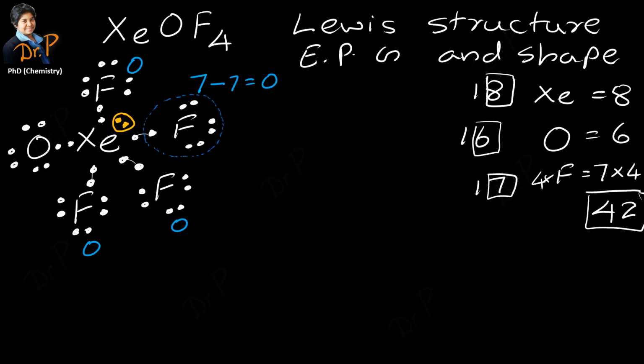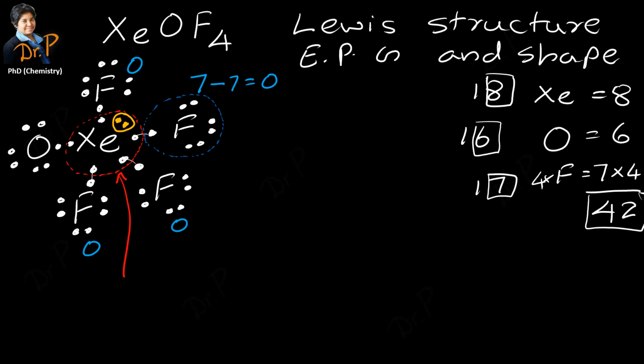Now let's check xenon. Xenon has this lone pair marked in yellow. Those 2 electrons are fully owned by xenon, and what else can be assigned is 1 electron per each single bond. Now let's calculate the formal charge for xenon.